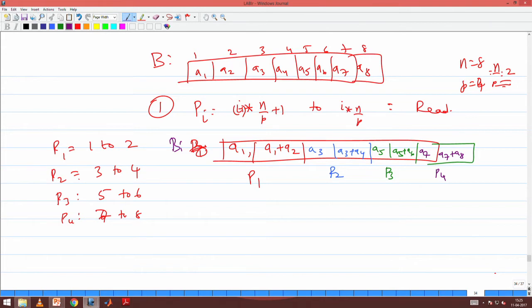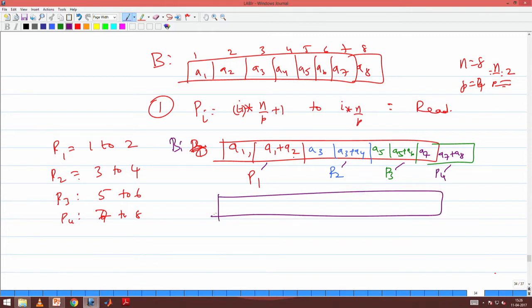After that, what will P1 do? Now P1, P2, P3 and P4 will take A1 plus A2, A3 plus A4, A5 plus A6, A7 plus A8, and now it will do a prefix sum. So what will happen at the end of this?